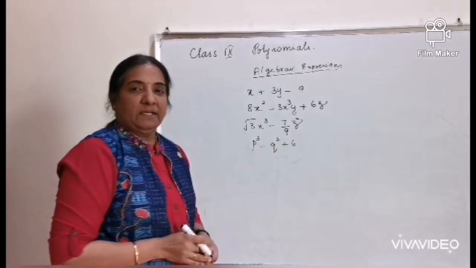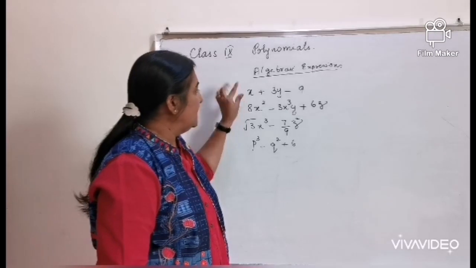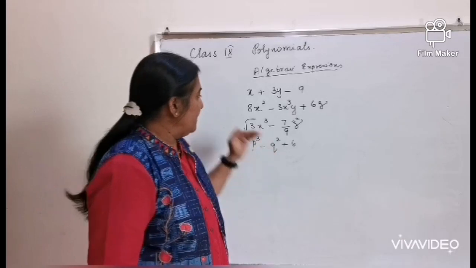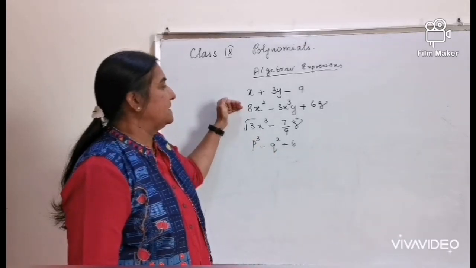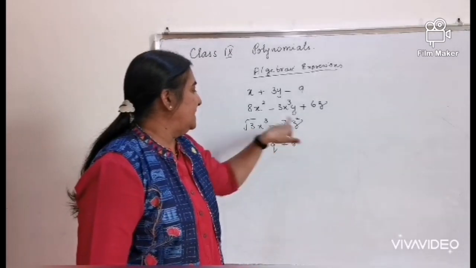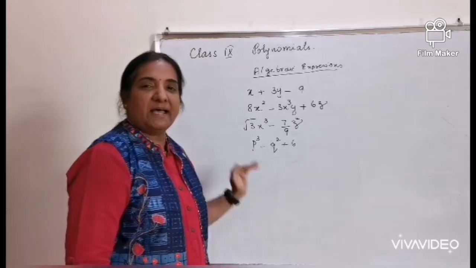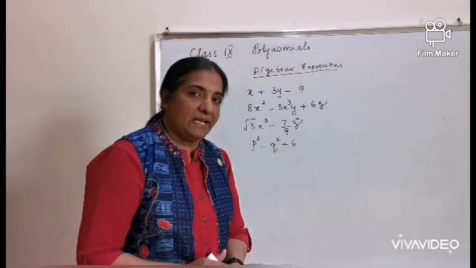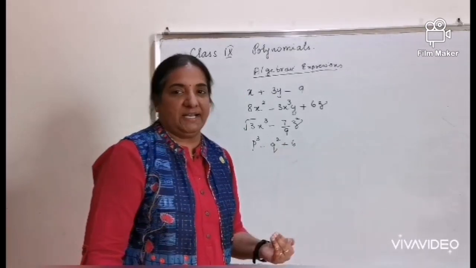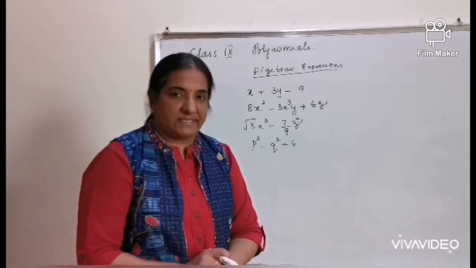In the first algebraic expression, the variables involved are x and y. The second expression has variables x, y, z, and then x and z, p, q. All these expressions have variables as well as numbers, rational and irrational. That is, all the numbers belong to the real number system.